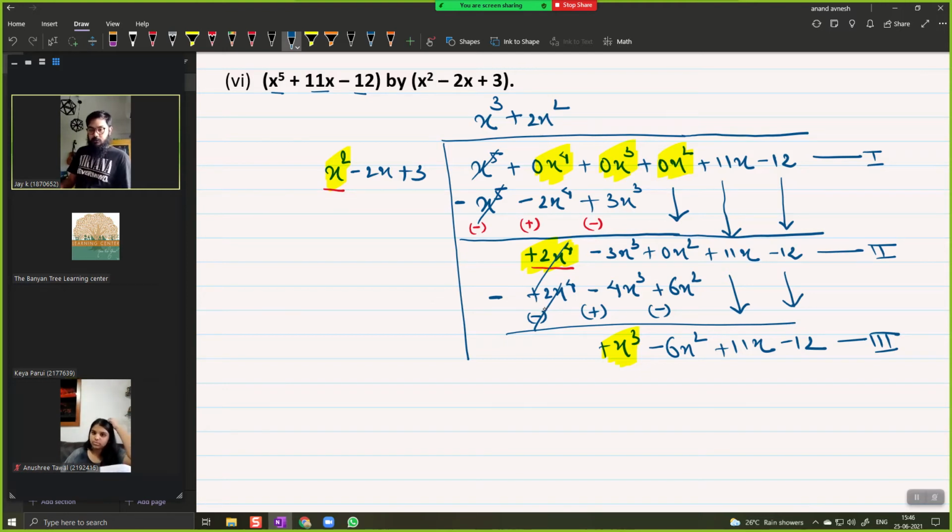Yes. So plus x cube divided by x square is plus x. Plus x. What? Plus x. Yes. What should we do with plus x now? What should we do with plus x? Multiply plus x with all the three terms of the divisor.